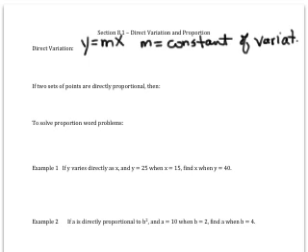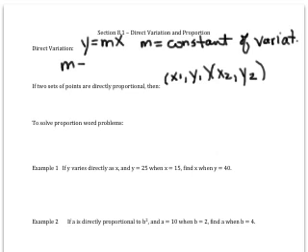Now, if you have two sets of points that are directly proportional, which means the m's are the same, you would have 2 points, x1, y1, and x2, y2. Now, they're not being multiplied, I just wrote them closely. And the way that you would solve them is the constant of variation would actually be y over x.